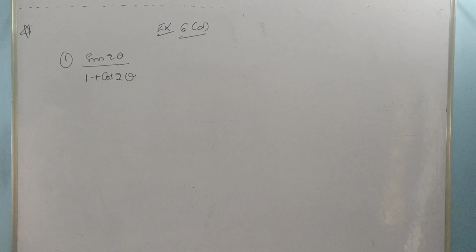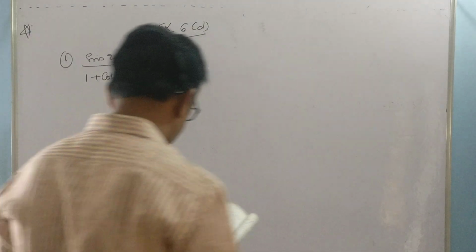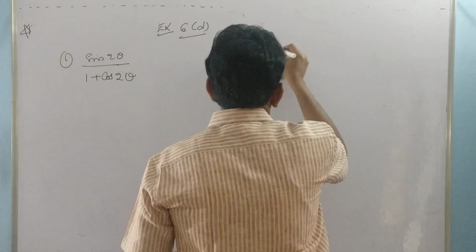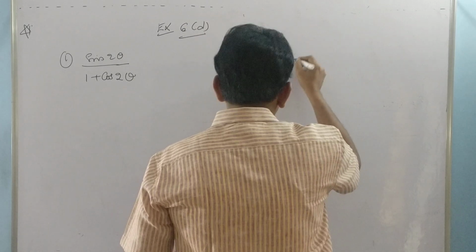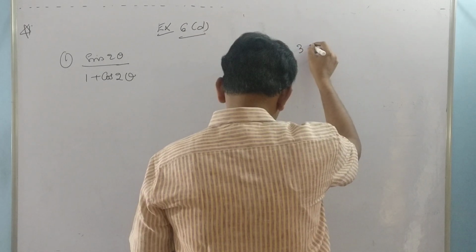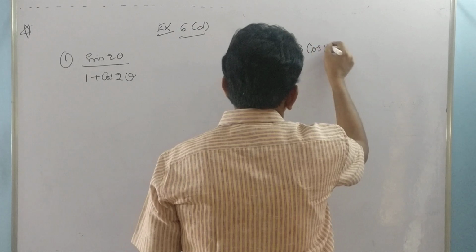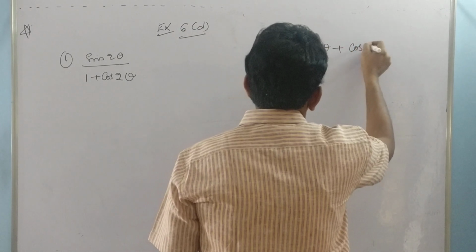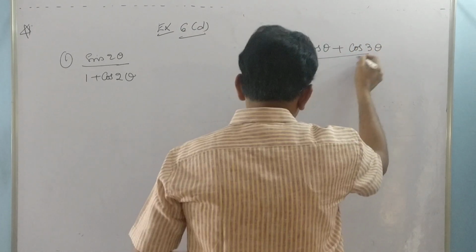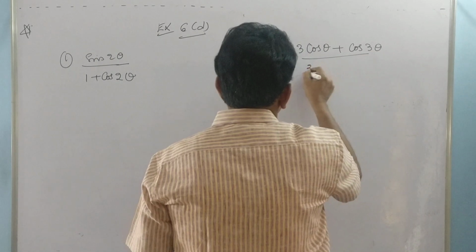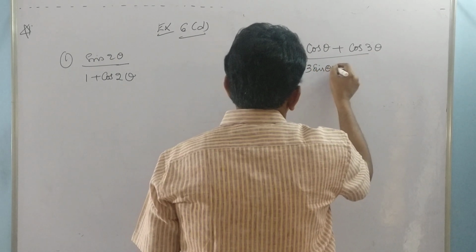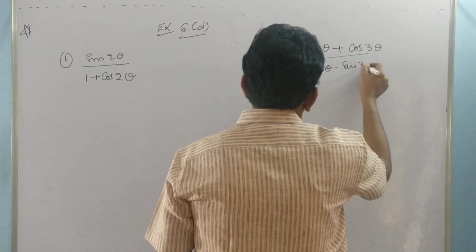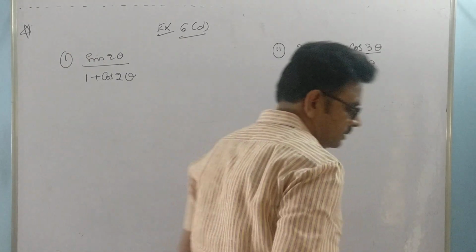And one more problem is 3 cos theta plus cos 3 theta by 3 sin theta minus sin 3 theta. Simplify.